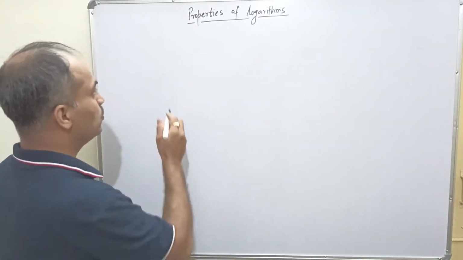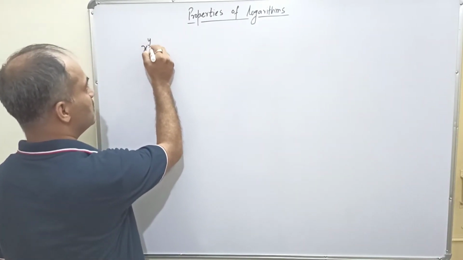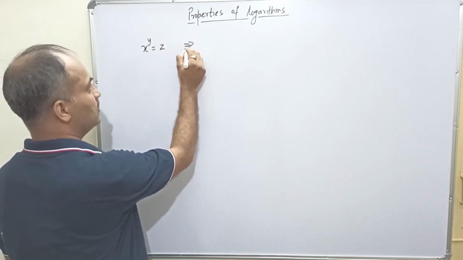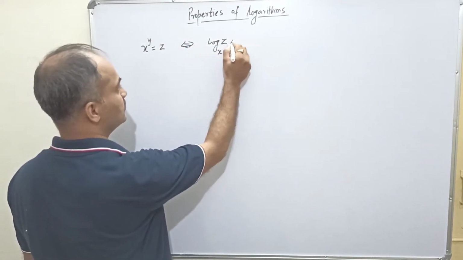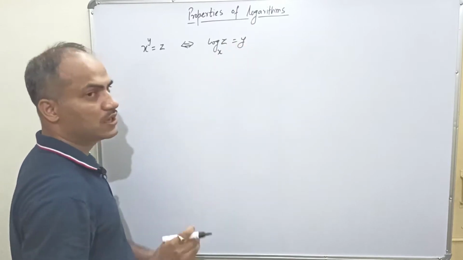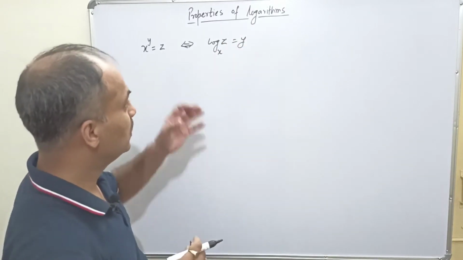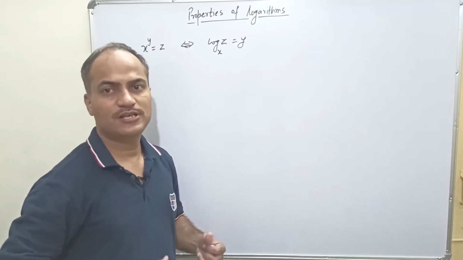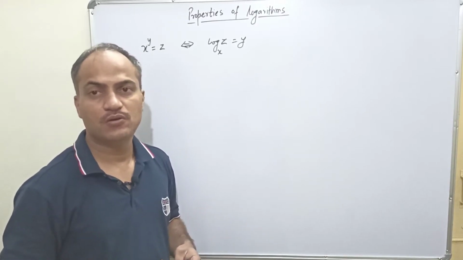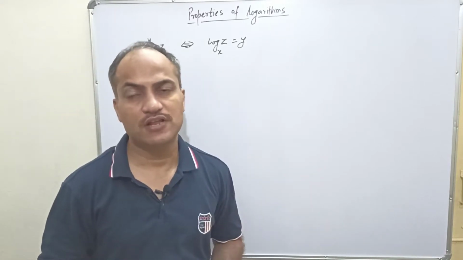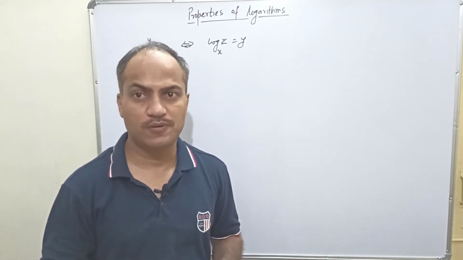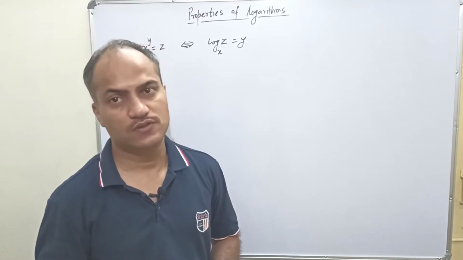First of all, I explained that if x to the power y is equal to z, we can write this as log of z to the base x is equal to y. Here some restrictions are there. It also comes under properties, so I'm explaining it once again so you do not make any mistake. These things are very crucial to understand any property and to apply logarithms in any other question.